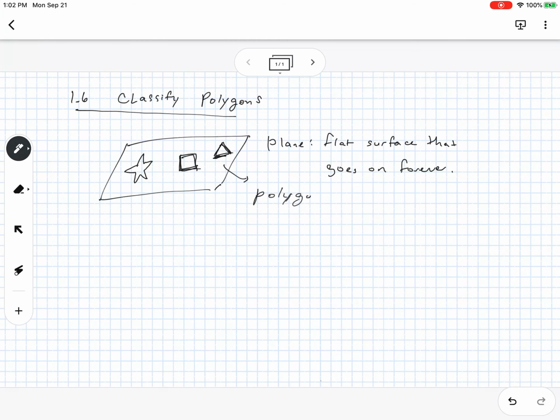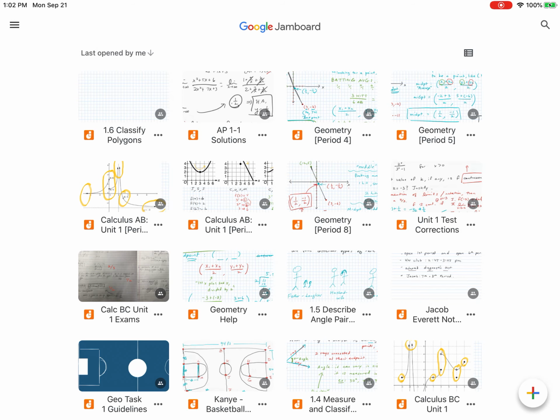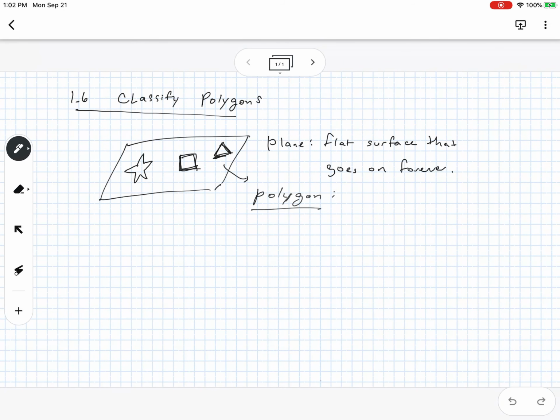Okay, so if we were to give a formal definition for polygon, it would go something like this. A polygon is a closed plane figure with the following properties.